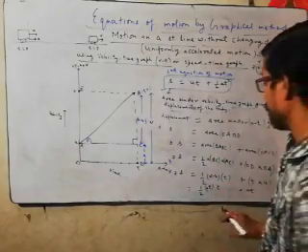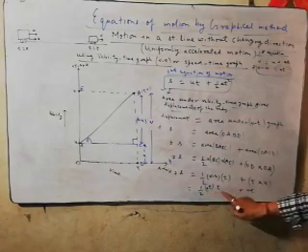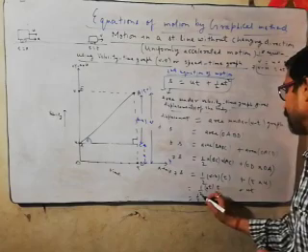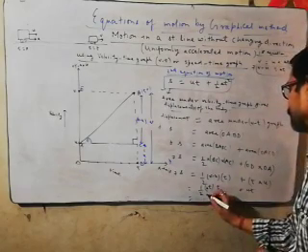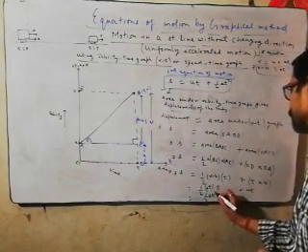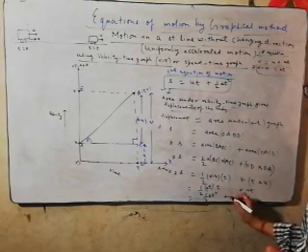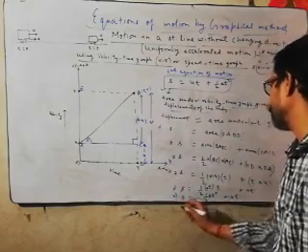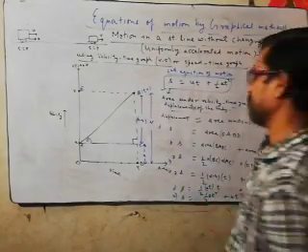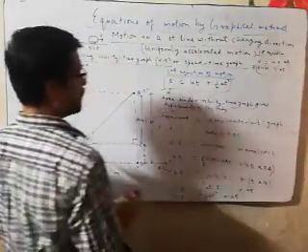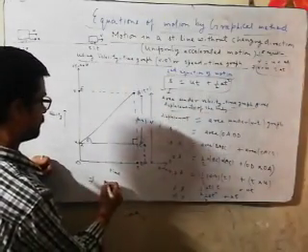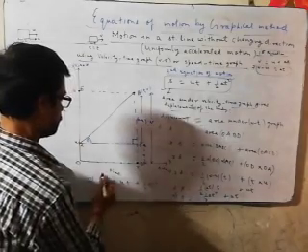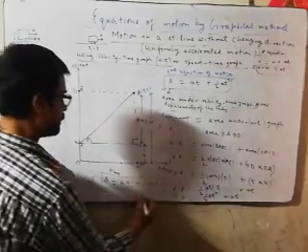So half AT into T, that is half AT square. Finally we have proved S is equal to UT plus half AT square. This is our second equation, proved.